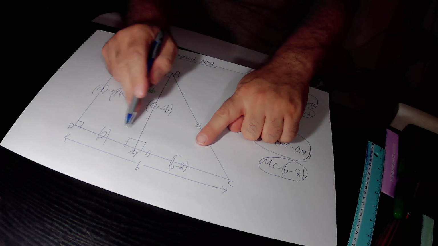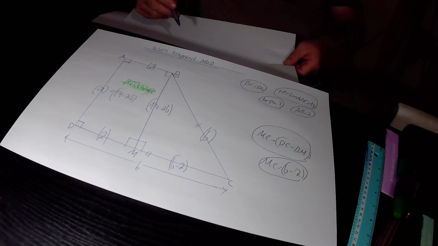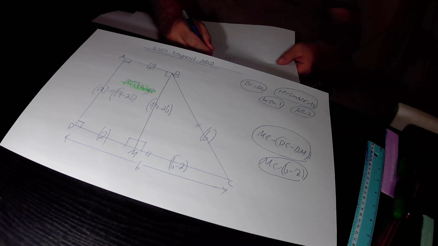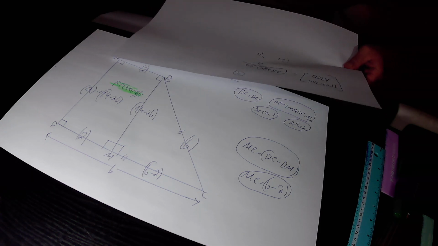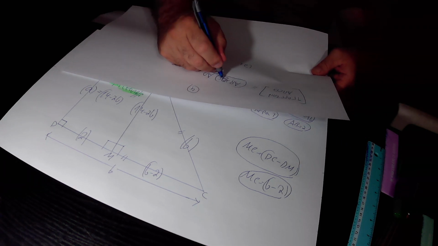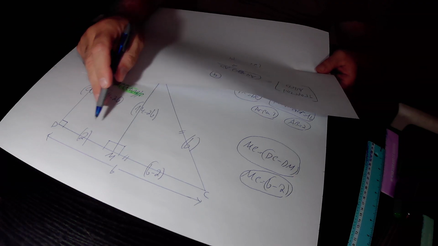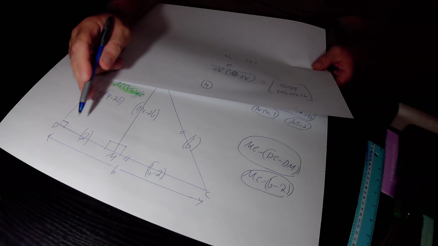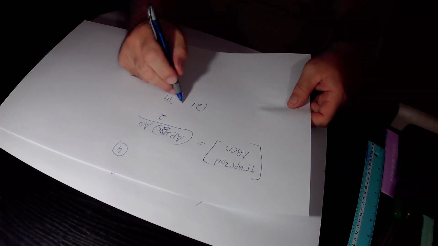And 3 plus 2 is 5, so in total DC equals 5. So we substitute DC by 5.